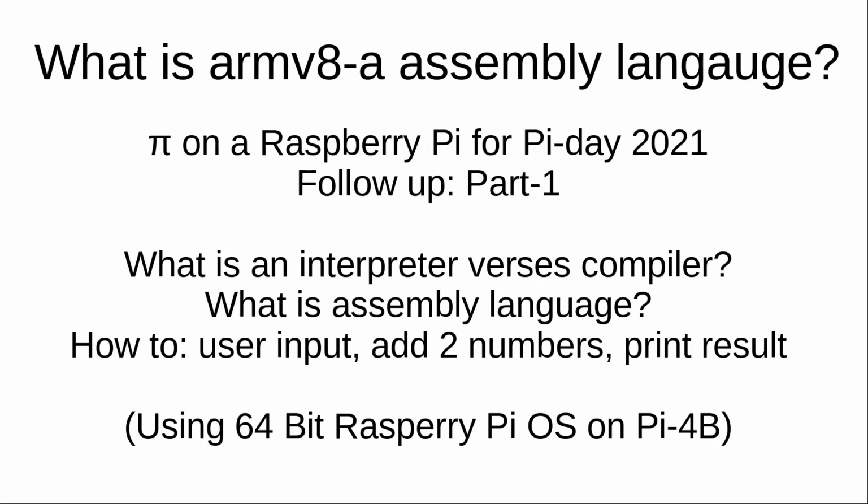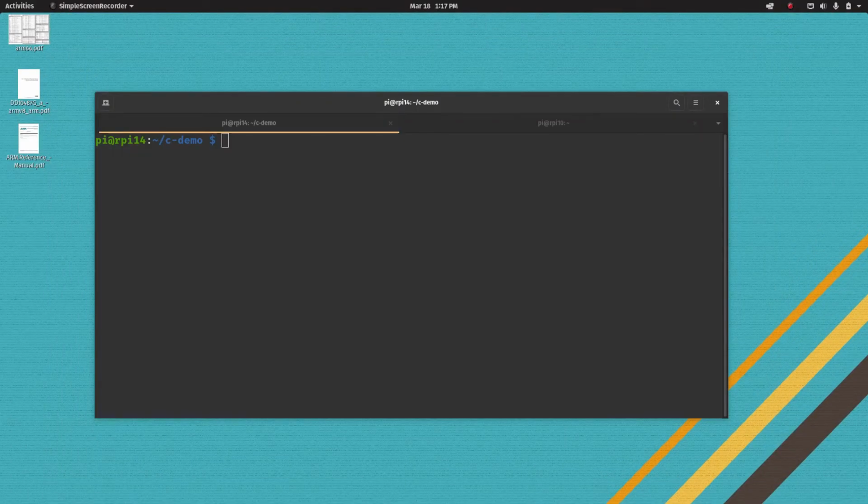So to get started, I would just like to think a little bit about interpretive languages. The two that come to my mind right away are JavaScript, like would be in a web page, and Python. A lot of people are learning Python these days.